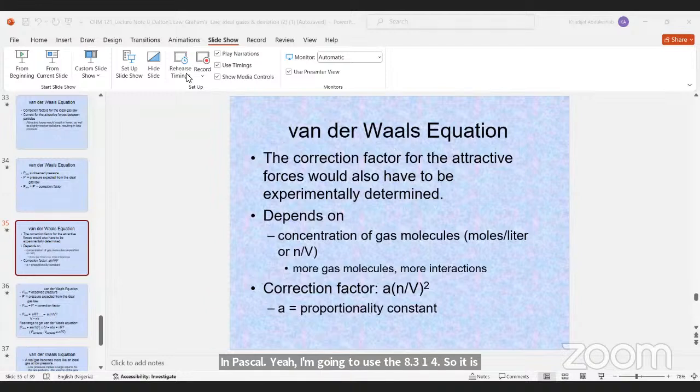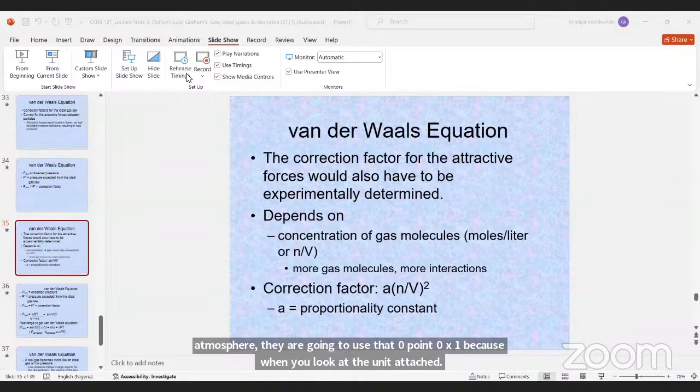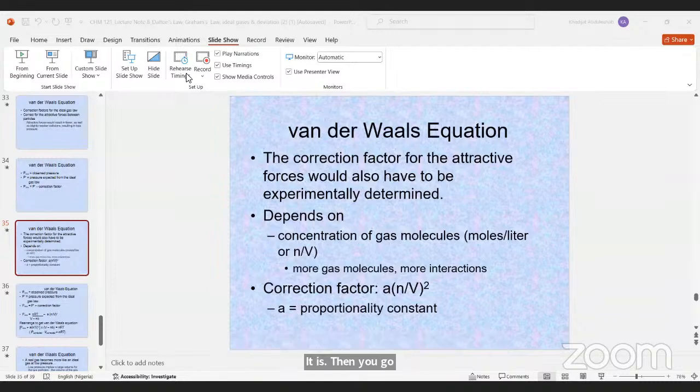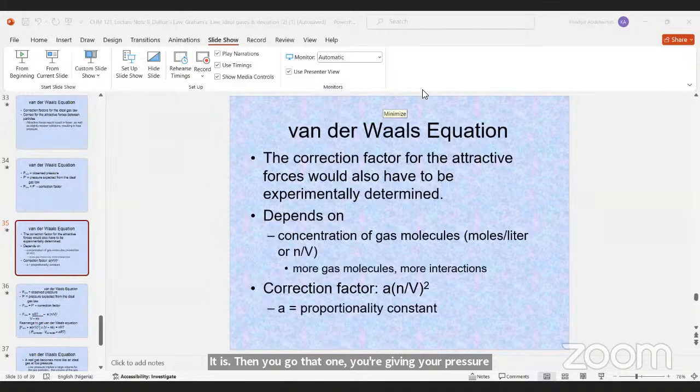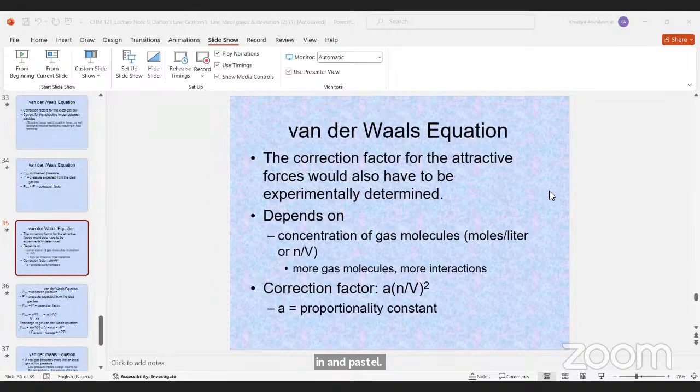The unit of the pressure you are given in the question will determine the value of R you use. When you look at the unit attached to 0.0821, it is liter atmosphere per mole Kelvin. The other one is for when pressure is given in Pascal or kilopascal. I hope that is clear.